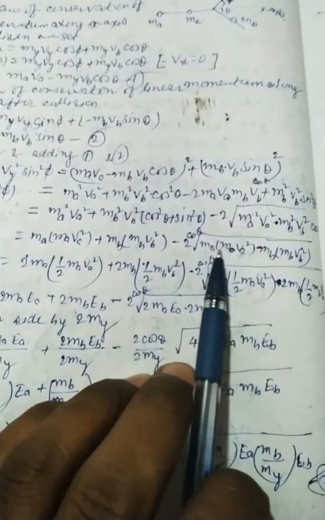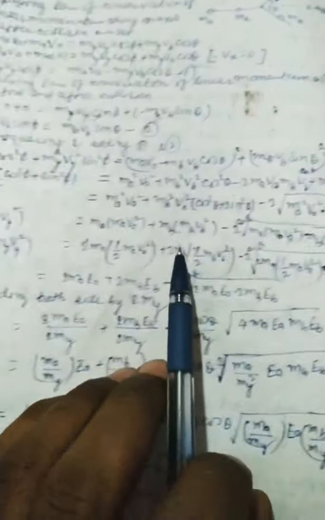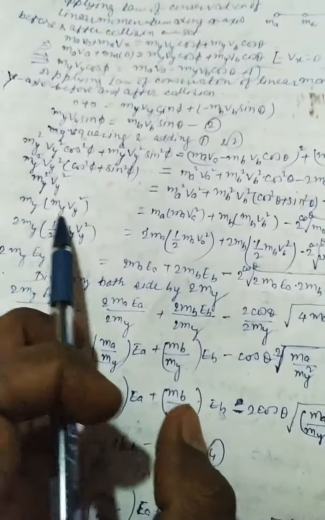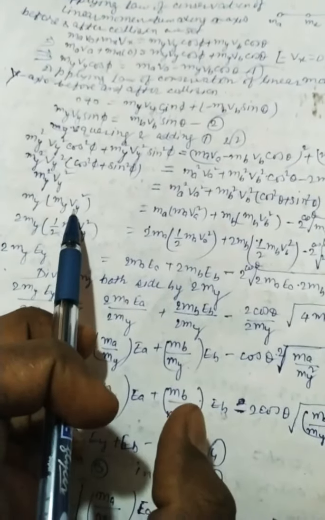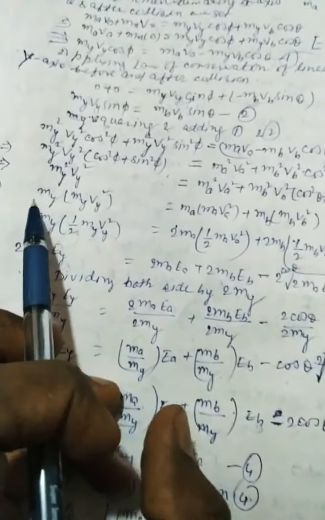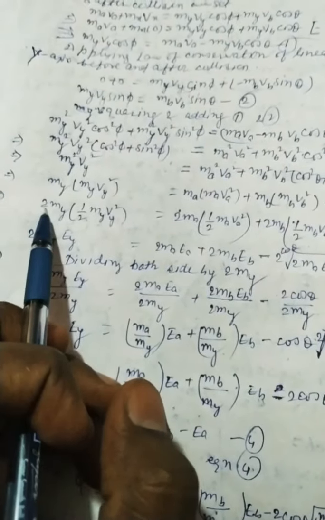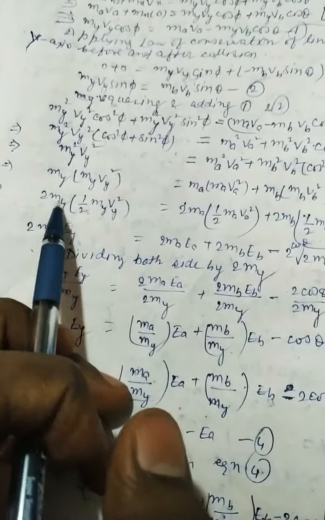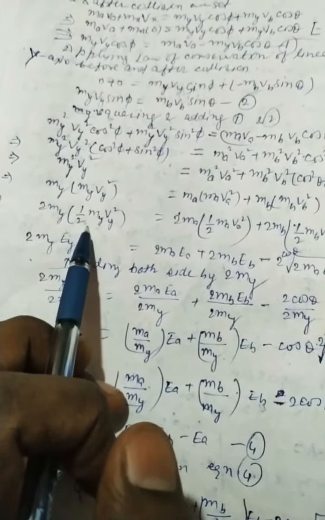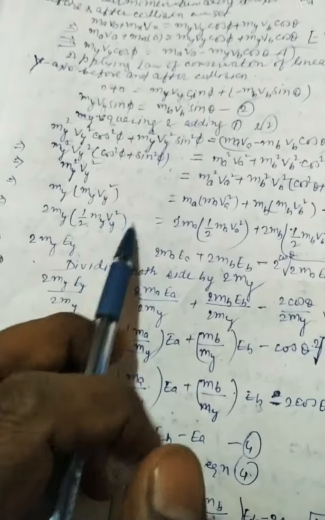Here we want to get the form of energy, the kinetic energy of all these components. So we apply the 2 by 2 rule: we multiply by 2 and divide by 2. So half MY VY square, in the form of MV square, gives the kinetic energy EY.